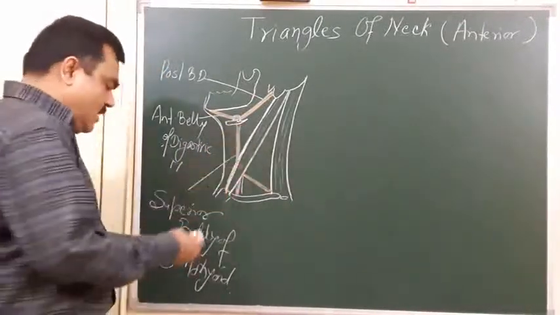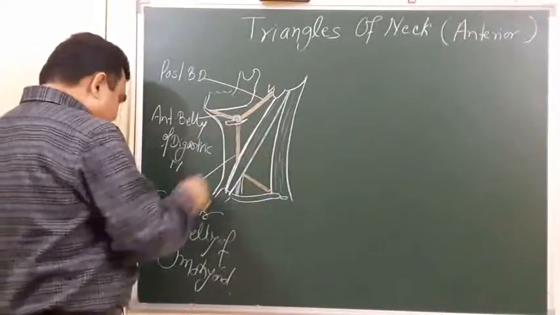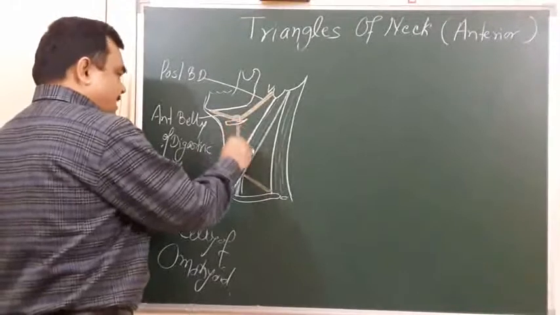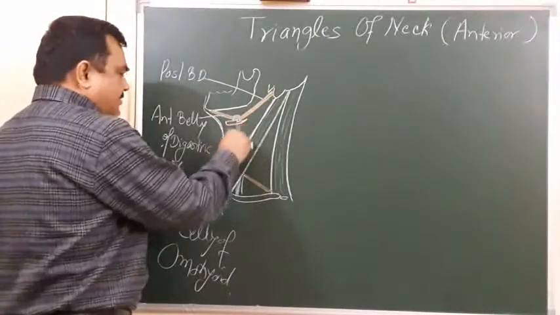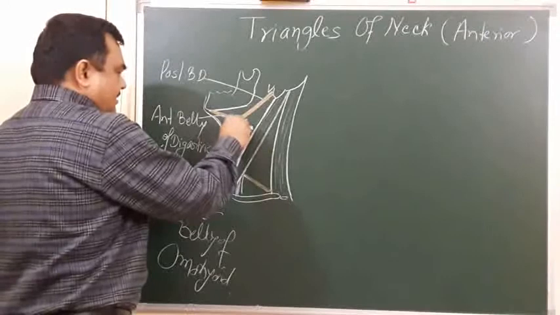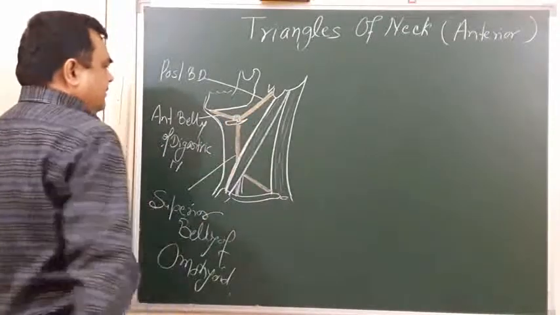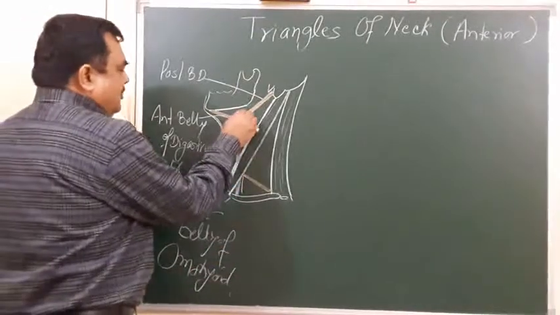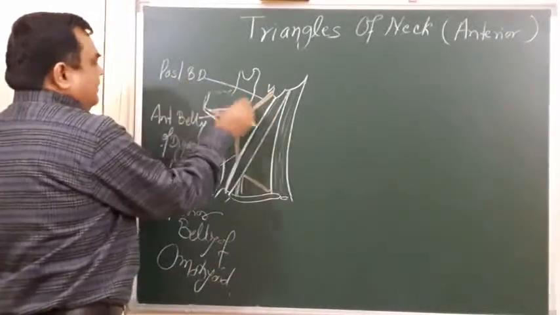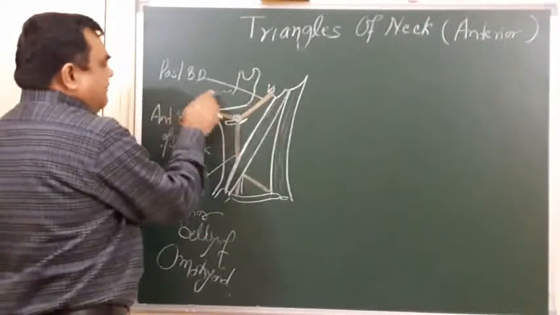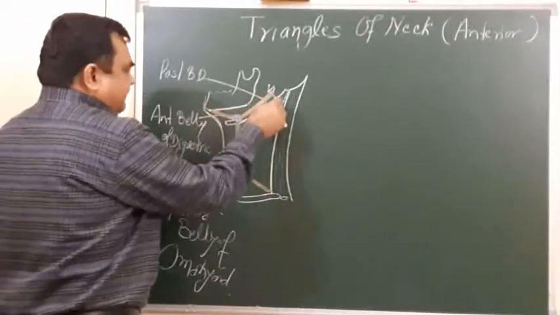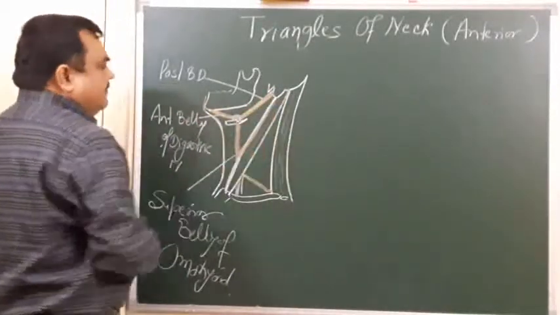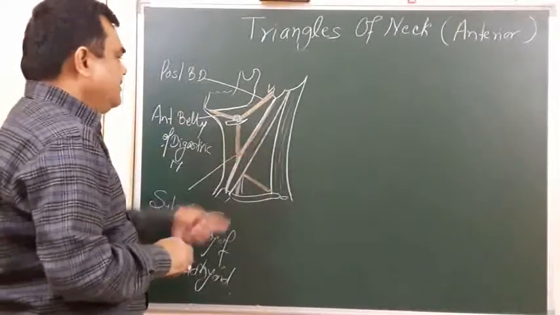The boundaries of the carotid triangle you can see here. Anteriorly and inferiorly it is bounded by the superior belly of omohyoid, superiorly by the posterior belly of digastric, and posteriorly by the anterior border of sternocleidomastoid.